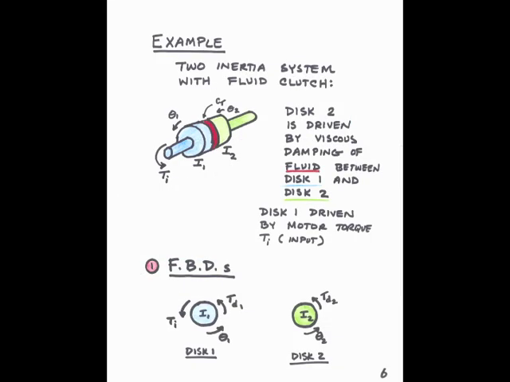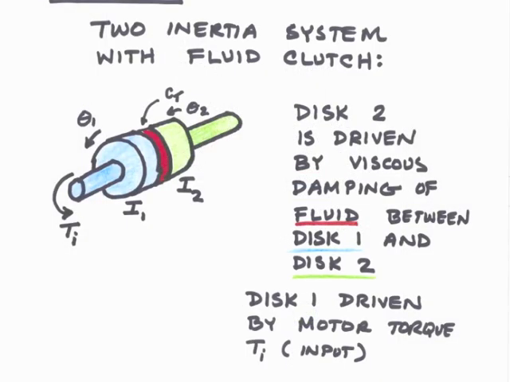Let's now examine a second example, one with two inertias, and this is a fluid clutch between two shafts. We have inertia I1 being driven by an input torque Ti, and its angular displacement is labeled theta 1.